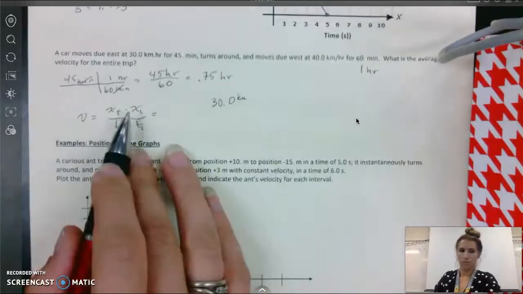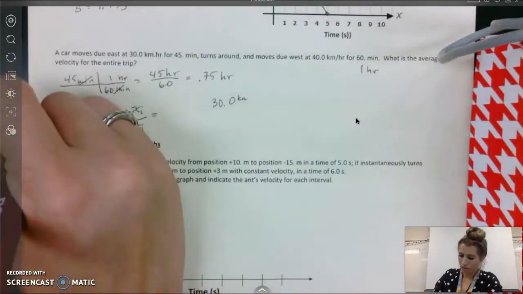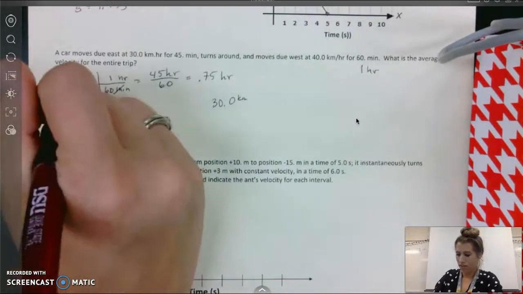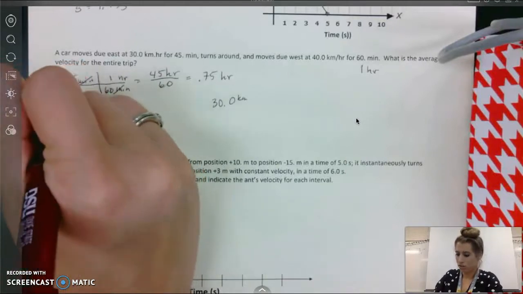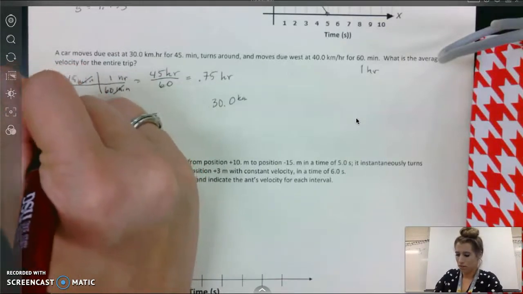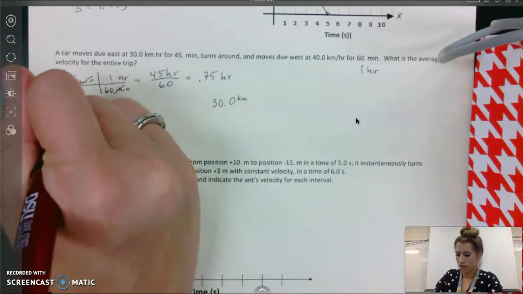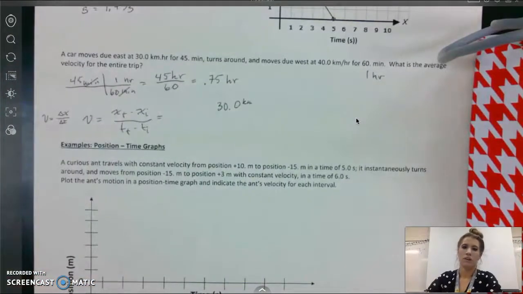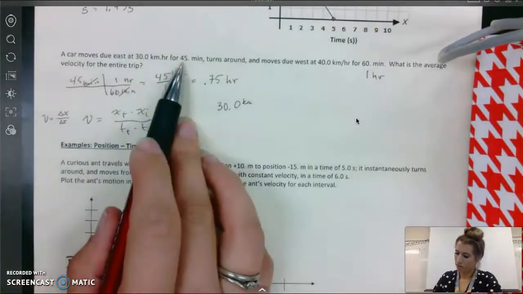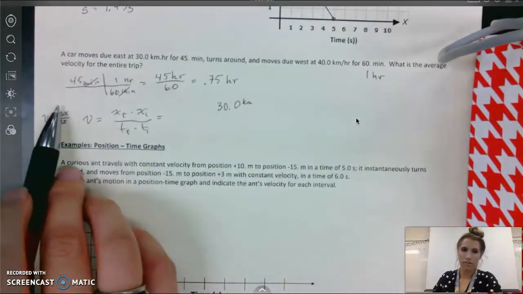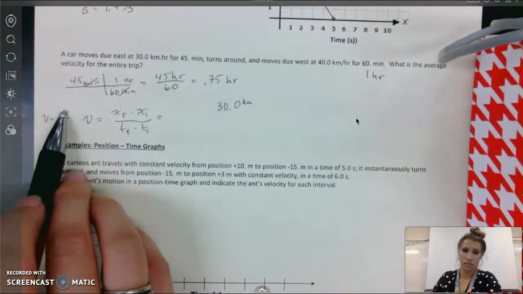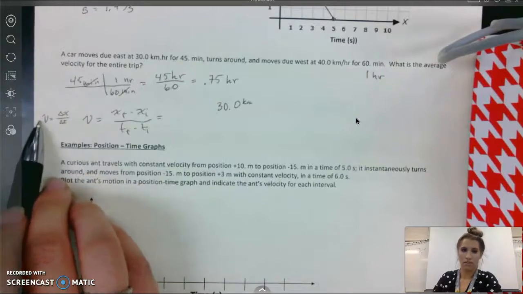Okay, so let's remind ourselves here. Velocity is equal to a change in position over a change in time. Okay, we know the time component, but we need to figure out this overall distance that's happening so we can get this average.